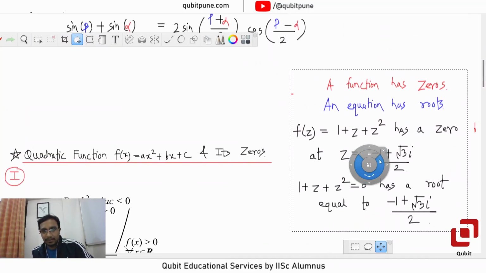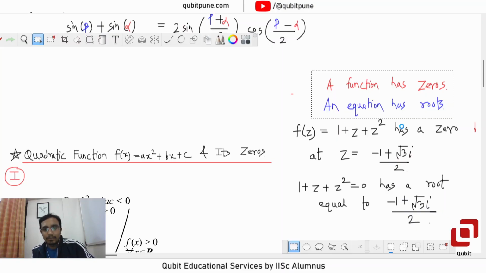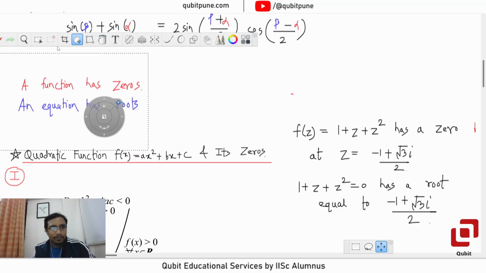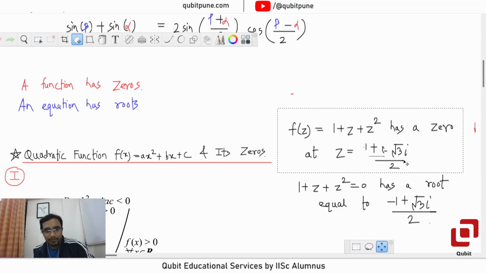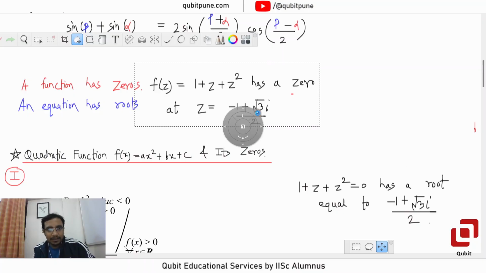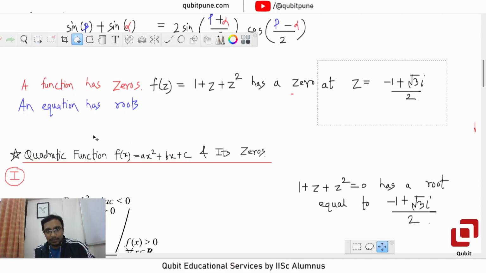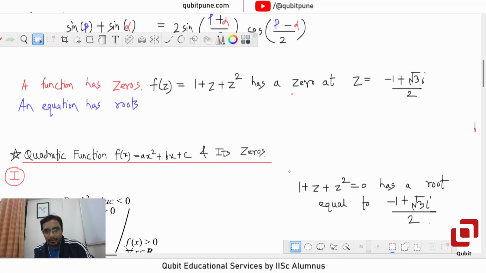A function has zeros, an equation has roots. Now here I have taken the help of the complex cube root of unity, so that I was able to arrive at the equation quickly.